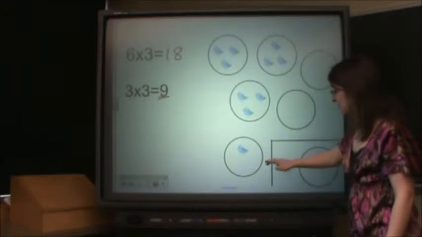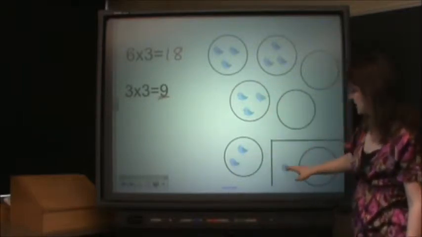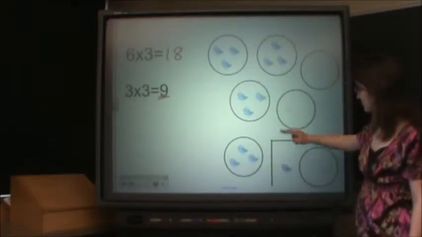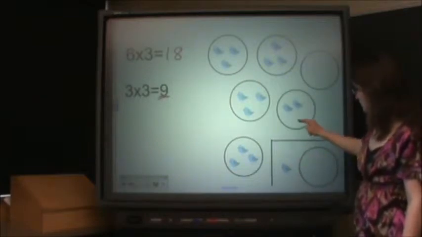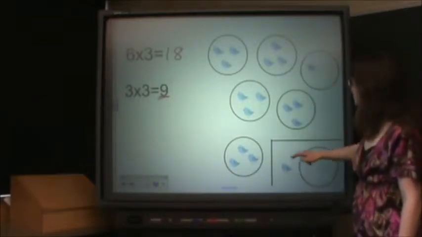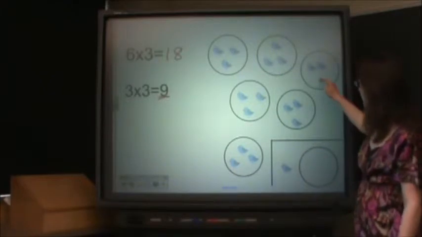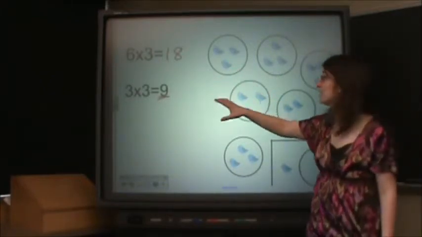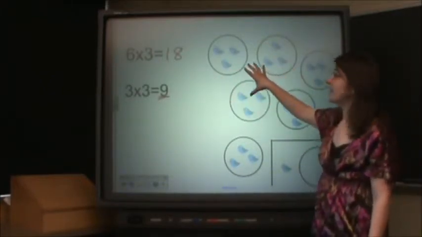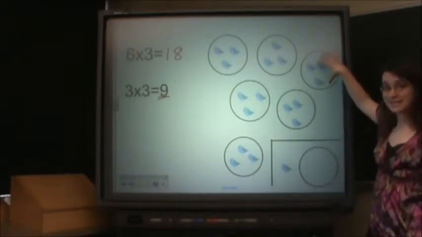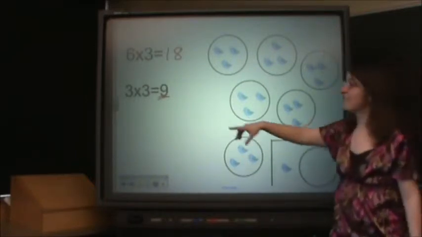And there's going to be still 3 birds in each because each of the 6 sets has 3. And if I count them up, I have 18 because I had 9 here, and then I doubled it because I added 3 more sets. And now I have 18.